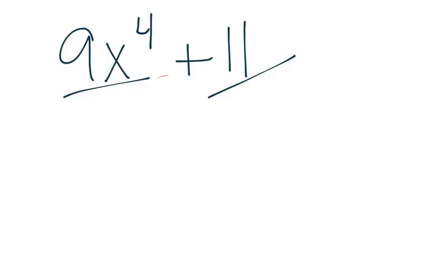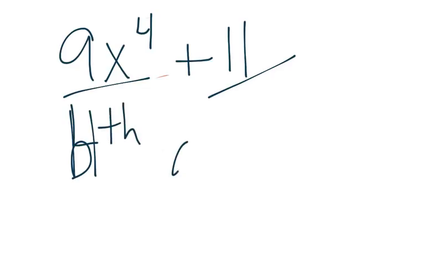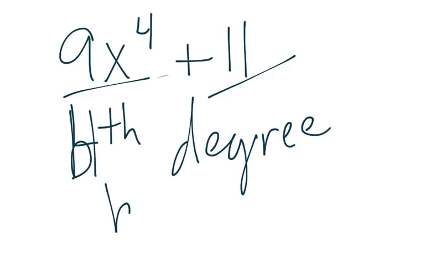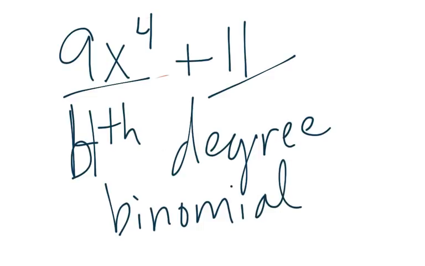So let's go ahead and classify this. How many terms are there? Well, there's 2, so this is what's called a 4th degree binomial. Fourth degree binomial. 2 terms, highest degree of 4.